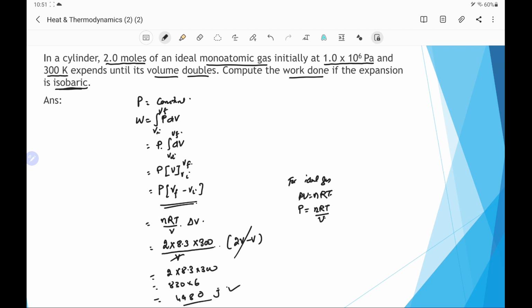So 4980 joule will be the work done in this isobaric expansion.